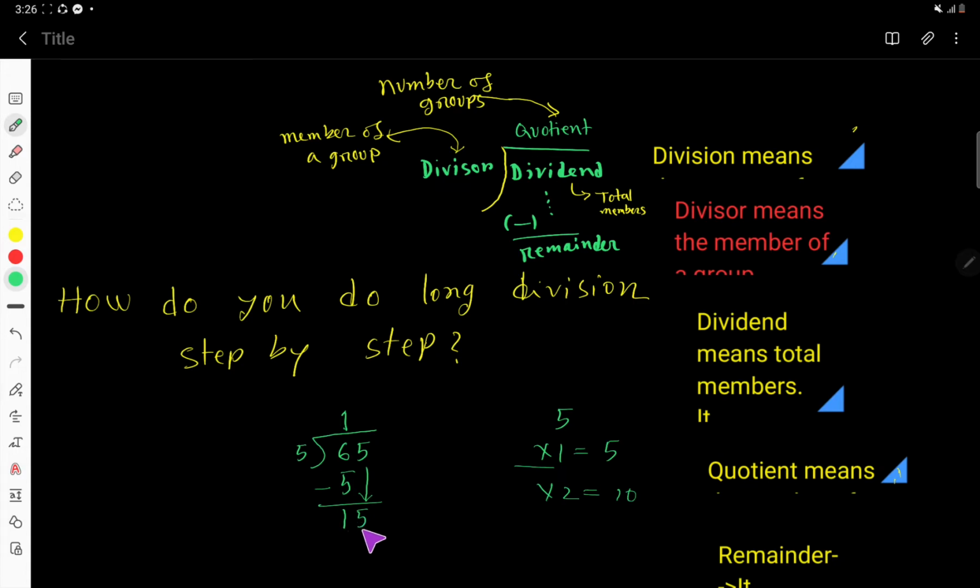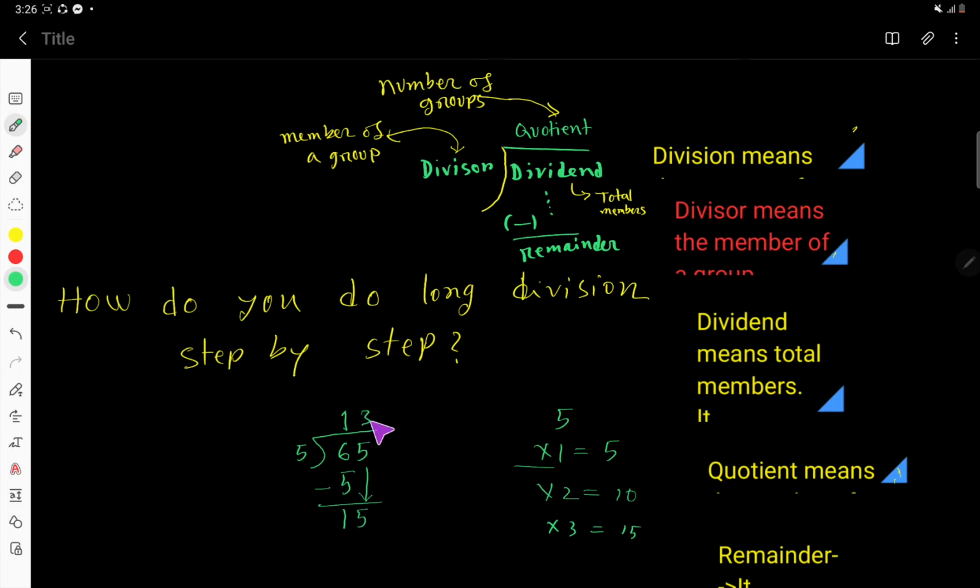Now our fifth step is to repeat, right? Repeat the process, that is divide. 5 goes into 15 how many times? 2 times means 10, 3 times means 15, just add 5 with this 10. 5 goes into 15 3 times.